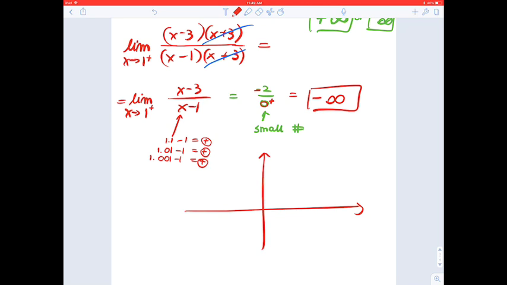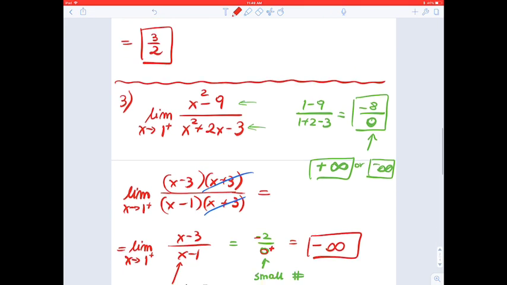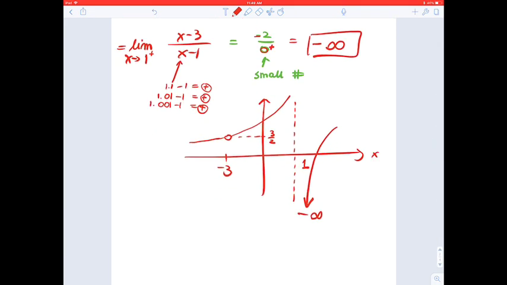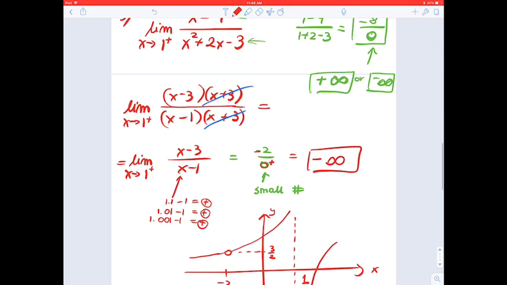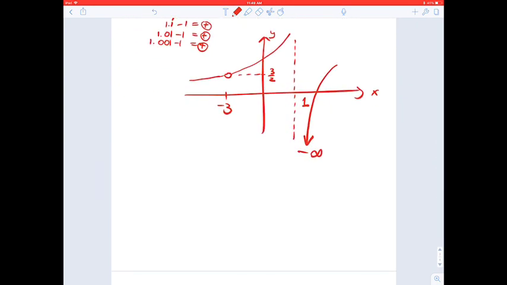If I'm getting infinity, we know that there will be a vertical asymptote at 1, and from the right-hand side the function will go down, negative infinity. And we did have the behavior at 3, as we remember, it was 3/2. Am I right? Yes. Okay, that's me just showing you, but the limit is negative infinity.